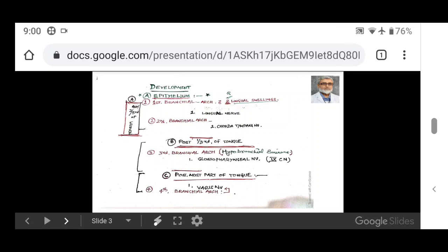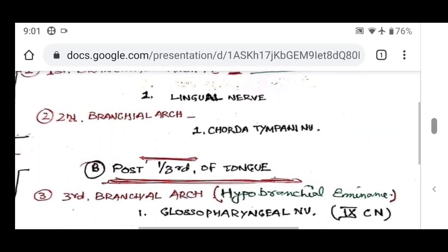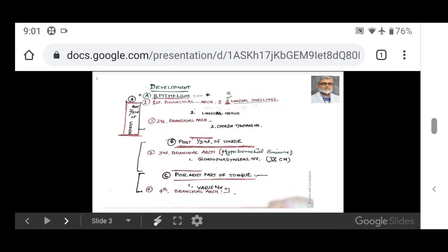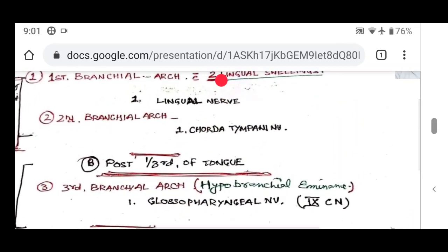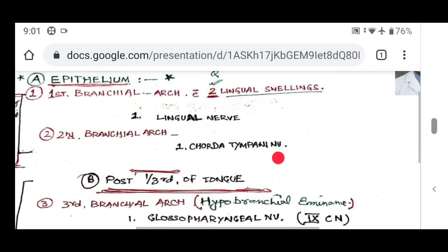This term is important and is asked in UG and PG exams. The concerned nerve of this region is the lingual nerve, as you can see clearly. First branchial arch with two lingual swellings, and the concerned nerve is the lingual nerve.